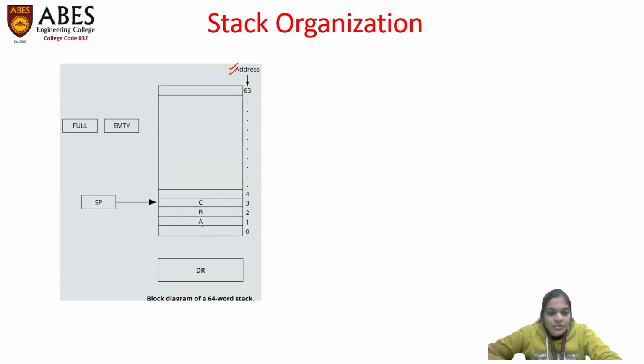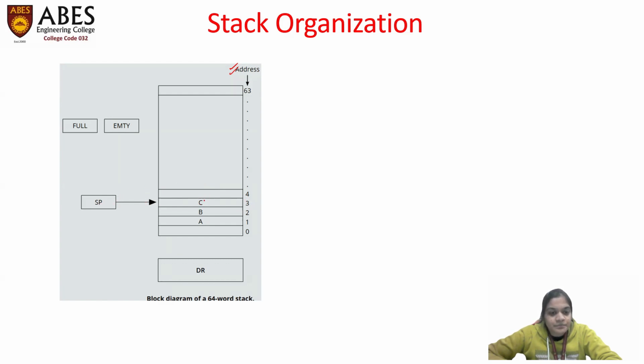According to this, A has been inputted first, then B, and then C. So C is the last input. According to the stack operation, the data which has been last input is on the top of the stack. So over here, the stack pointer is storing the location 3, where the last data input is stored.